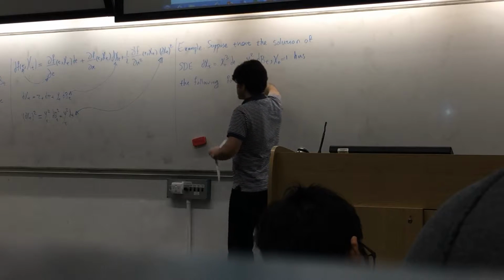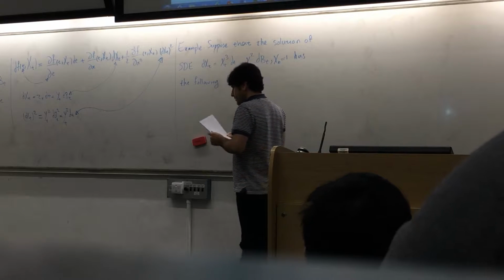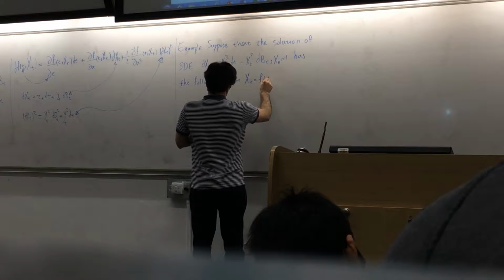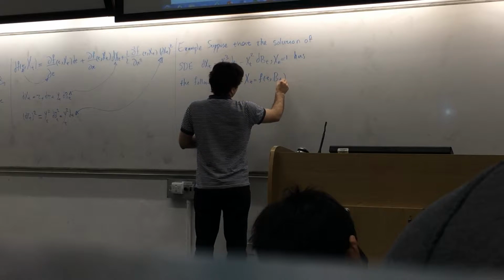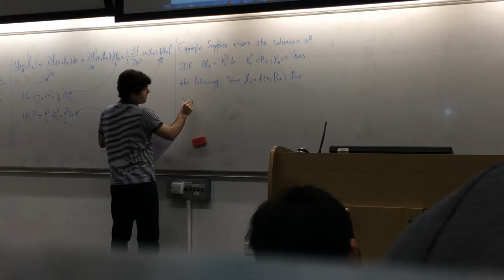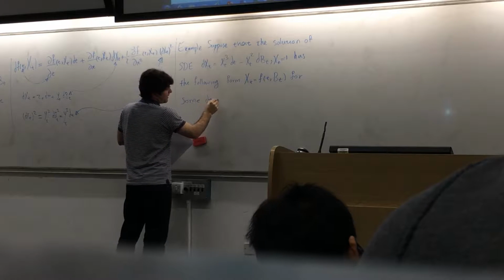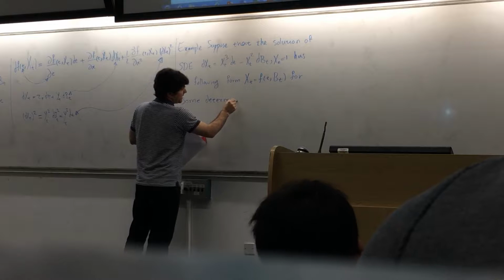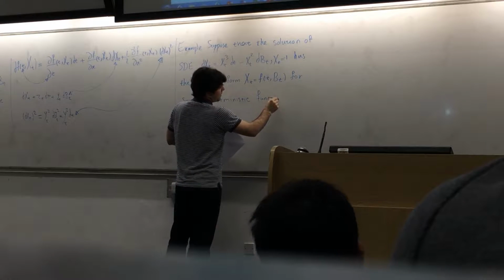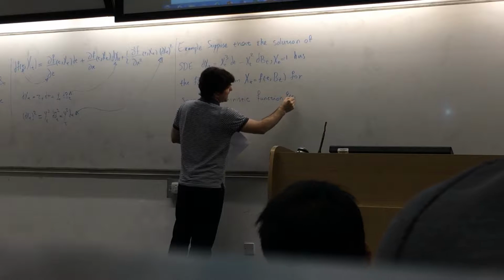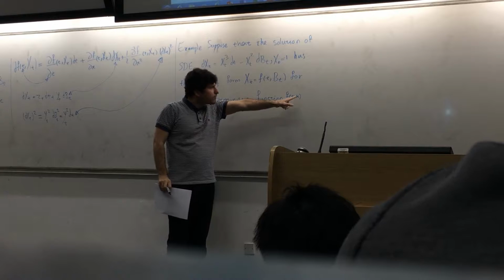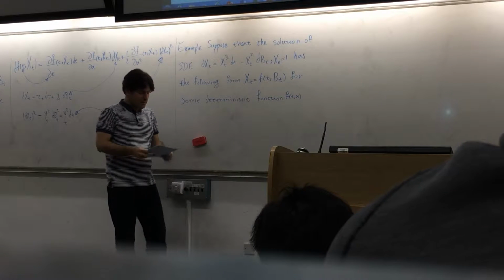So we assume that the solution has a form. What's the form? Xt equal to f of t and Bt for some deterministic function f of t and x. Look, this is a deterministic function, so I use small f, all right?